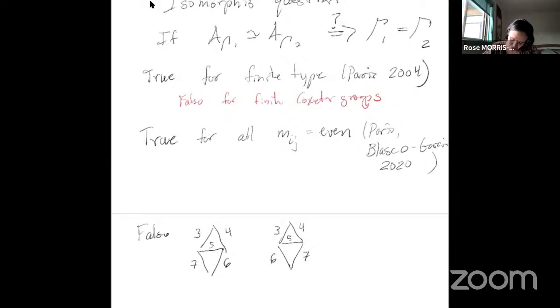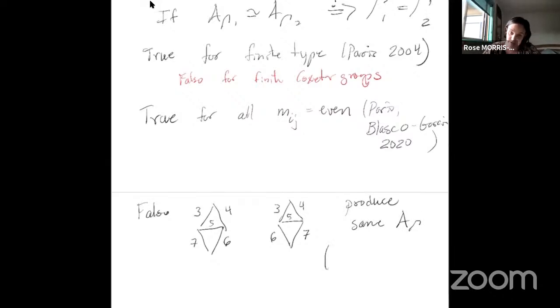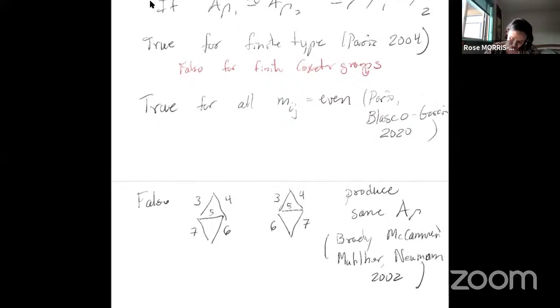So these produce the same Artin group. I should give you a citation for this. This is Brady and McCammond, and Mueller and Newman. In 2002, they discovered this counterexample.